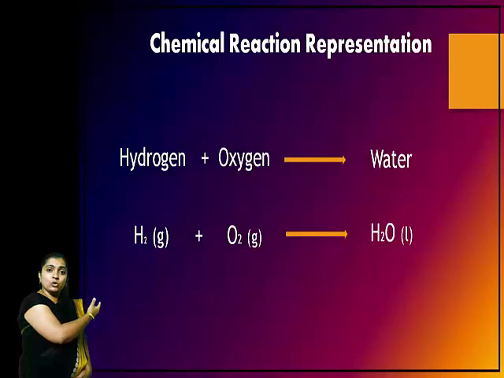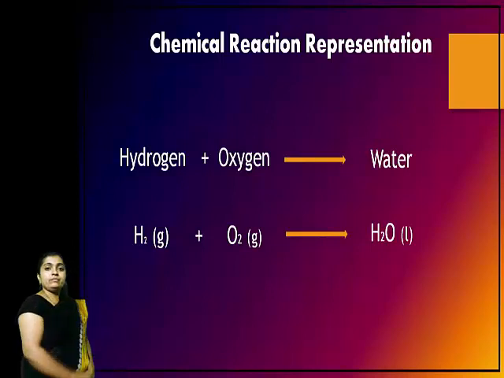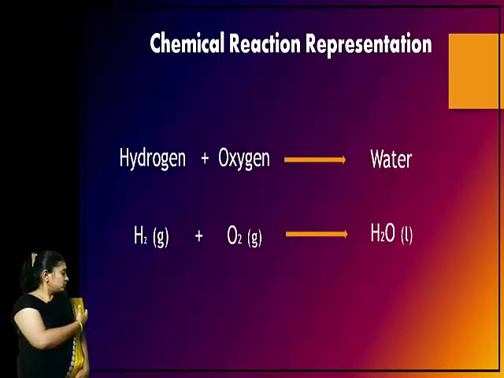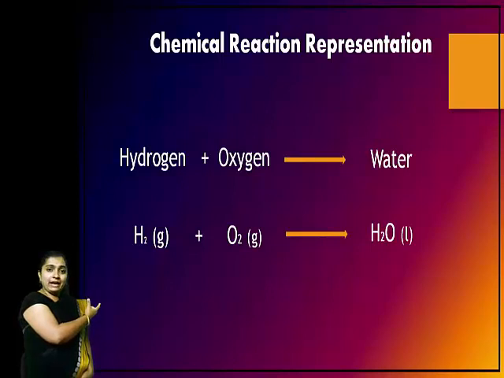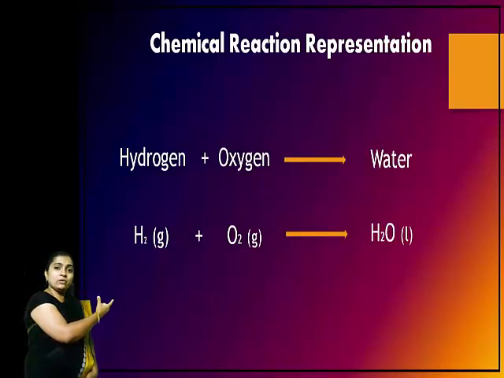Oxygen is O2 and the formula of water is H2O. In brackets, for H2 we write G, that means hydrogen in a gaseous form. For oxygen, in brackets we write G, that means oxygen in a gaseous form, converted into H2O. H2O is in a liquid form, therefore we have written L in brackets.